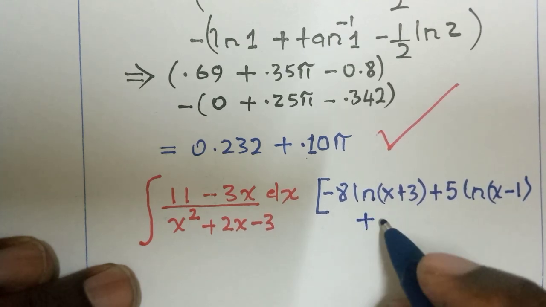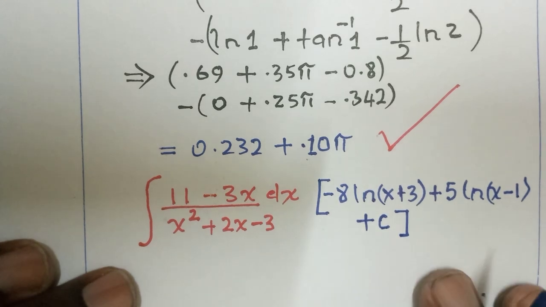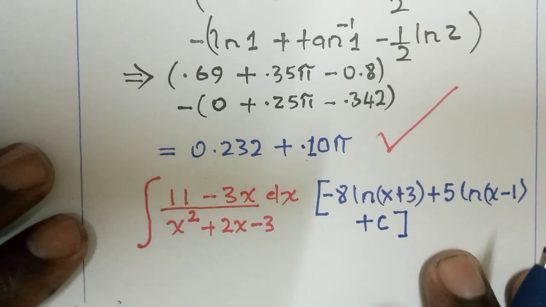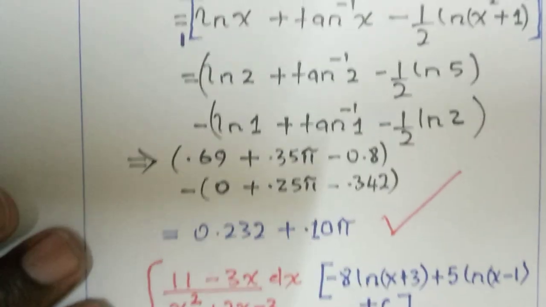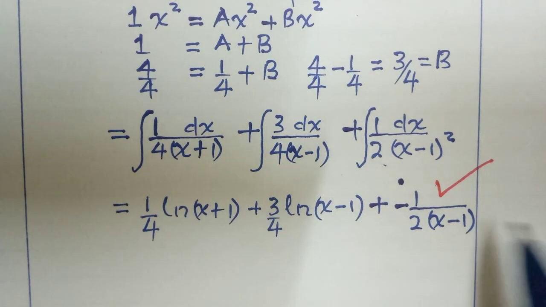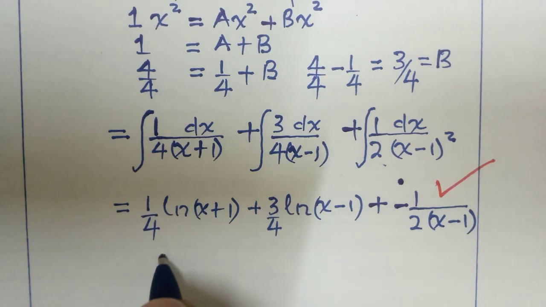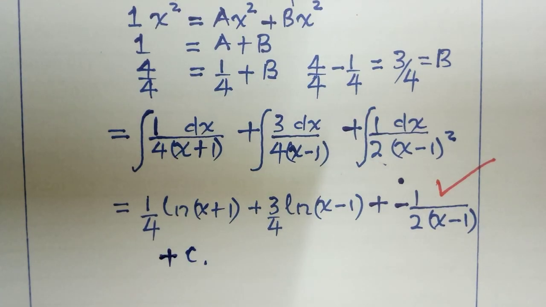That reminds me that I might have left out the c in our first question. So the first question we have done, yes, we had left out the c. This one will have a constant, since we don't have limits.